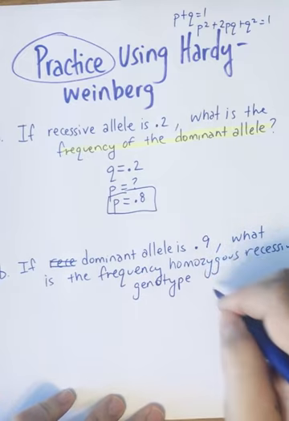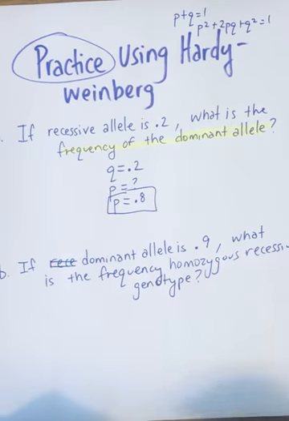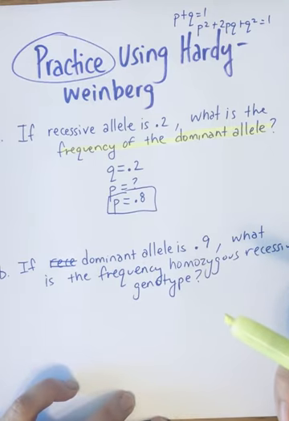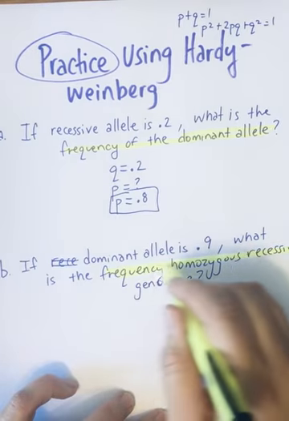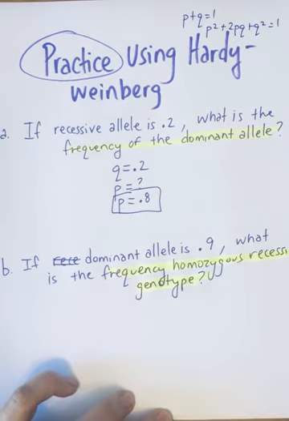So you need to figure out which part of the equation I'm asking for and which part is given. I'm asking for the frequency of the homozygous recessive genotype.